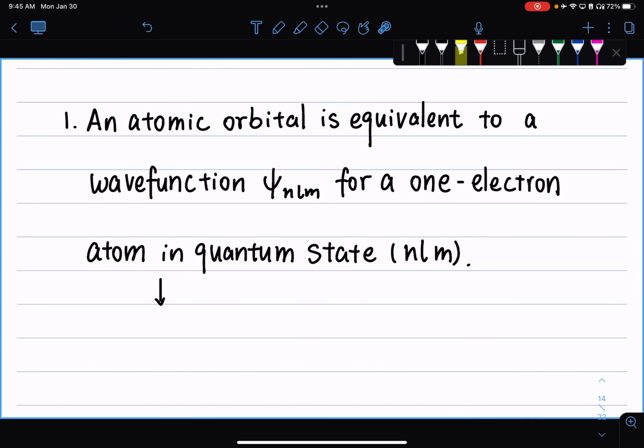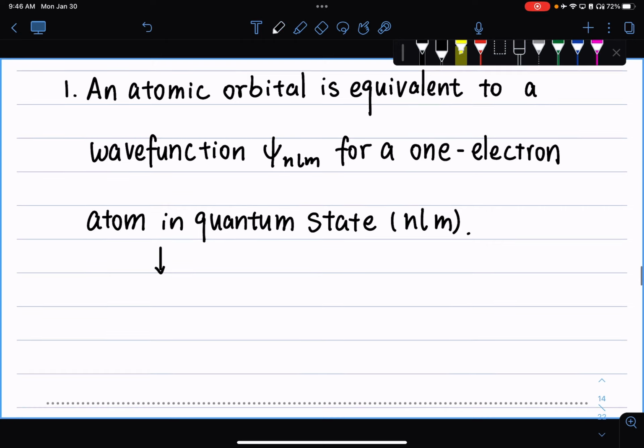When we're talking about an atomic orbital, it is equivalent to a wave function, phi, n, l, m. The combination of these three quantum numbers, n, l, and m, gives you a specific quantum state. The atomic orbital is equivalent to the hydrogen wave function.